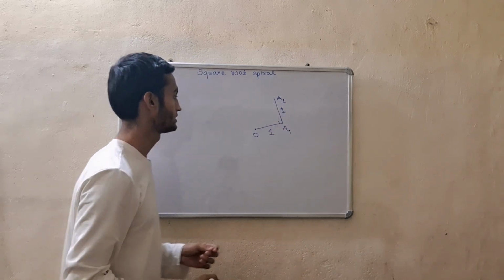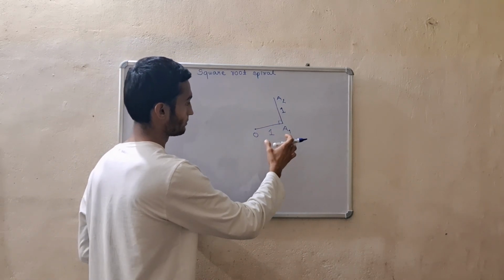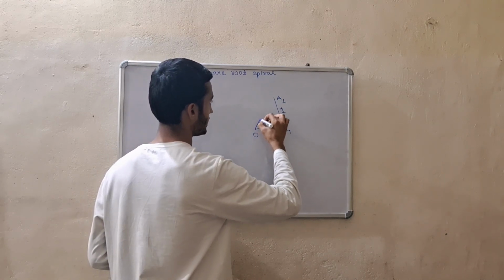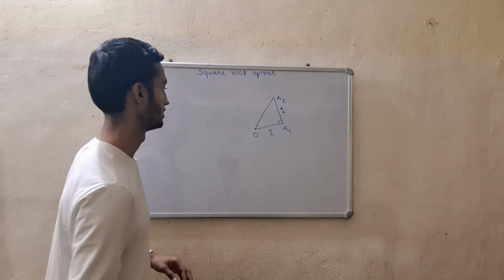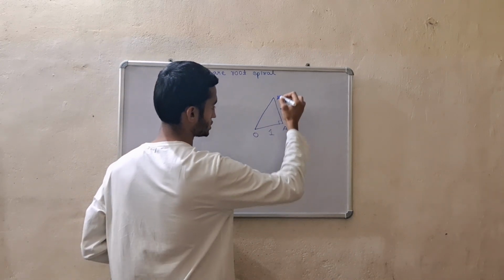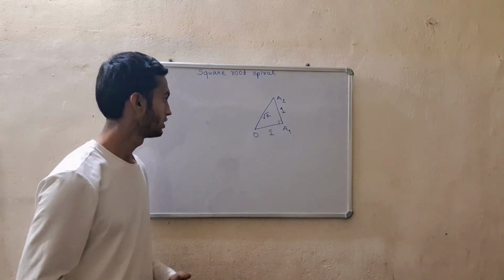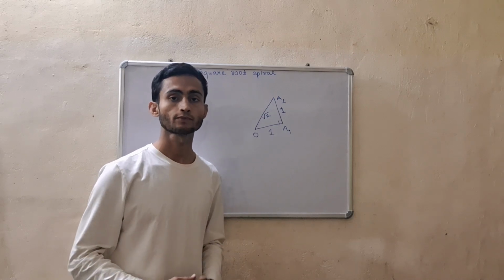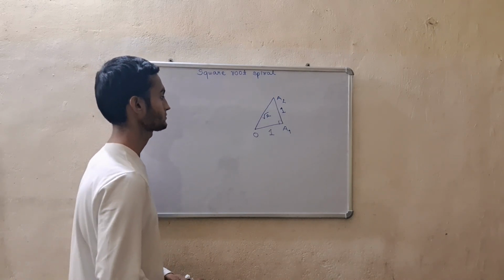We are trying to make a right angle triangle, and then we join OA2 to get the hypotenuse of this triangle. Now you know that this hypotenuse measures the square root of 2 in length. Why so? Because we have effectively used the Pythagoras theorem, which you are familiar with.